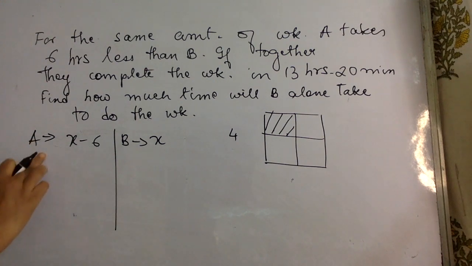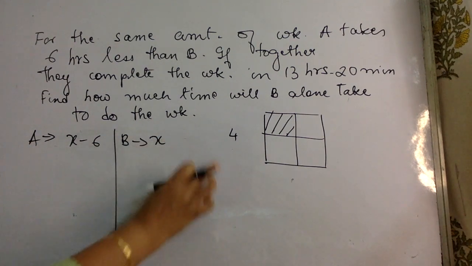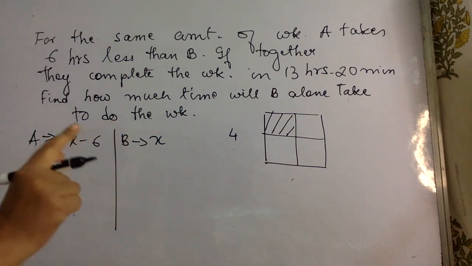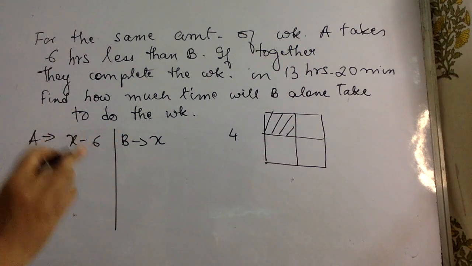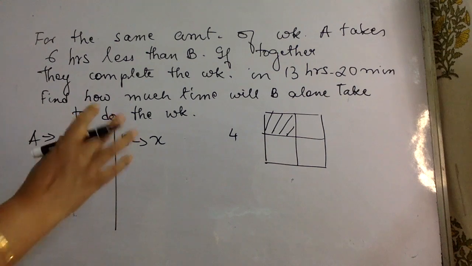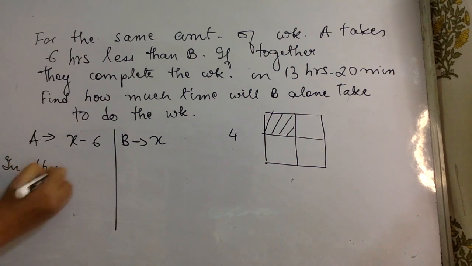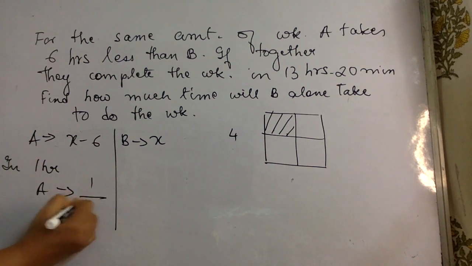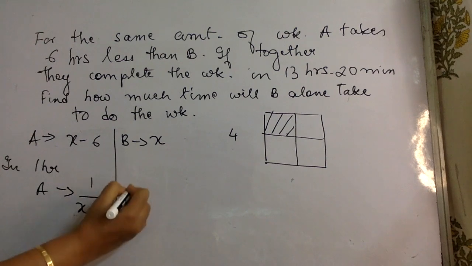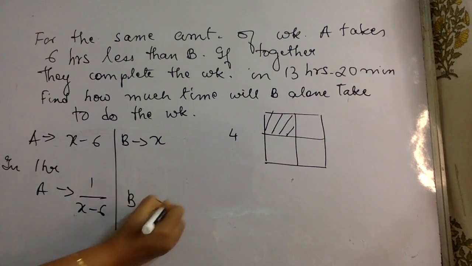If A is taking x minus 6 hours to paint the full thing, then in just 1 hour A will do 1 by x minus 6 fraction of this wall. So in 1 hour, A does 1 by x minus 6 and B does 1 by x.